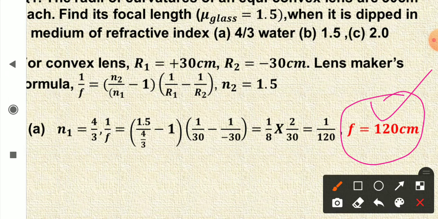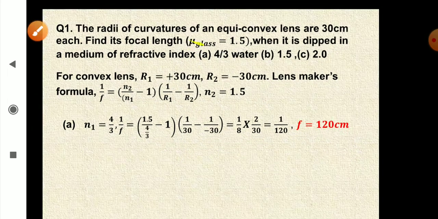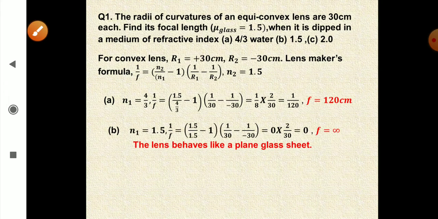So the focal length in air was 30 centimeter, but in water it becomes 120 centimeter. But it is behaving like a convex lens only because the focal length is positive. And so the focal length increases.